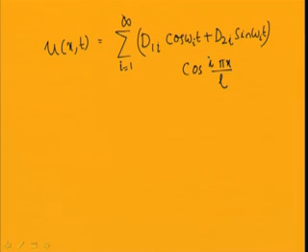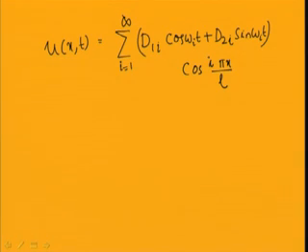So, i pi x by L. So, u x t, that is the free vibration response of the system, becomes summation i equal to 1 to infinity of d1 i cos omega i t plus d2 i sin omega i t into cos i pi x by L. In this, d1 i and d2 i are the modal participation of the ith mode. These two, d1 i and d2 i, you can obtain from the initial conditions of the system.